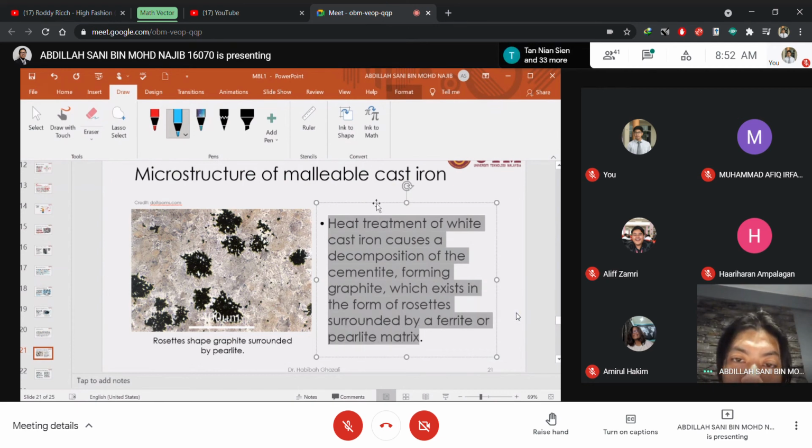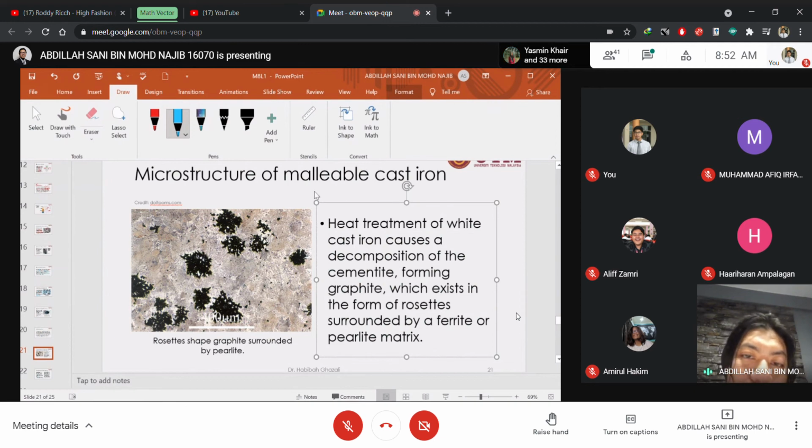So it depends on how much heat treatment you provide. If you provide sufficient heat treatment, they form the rosette, right?